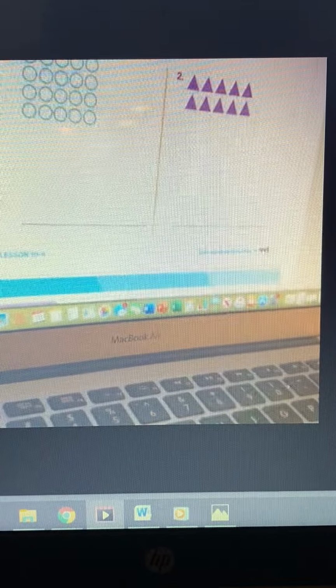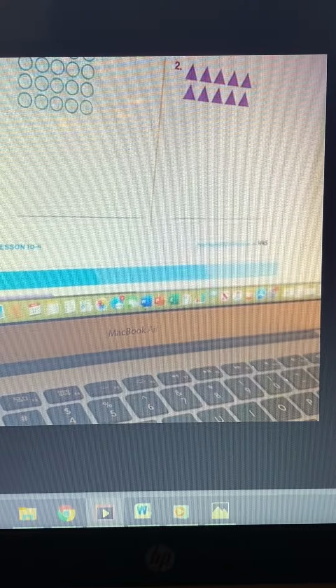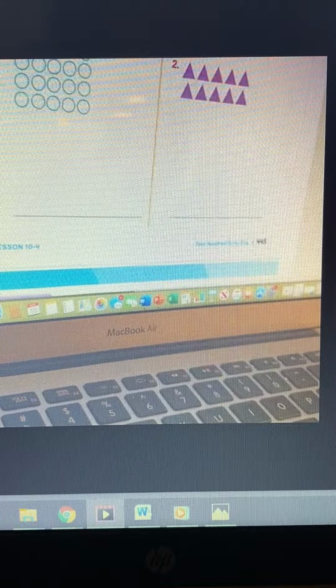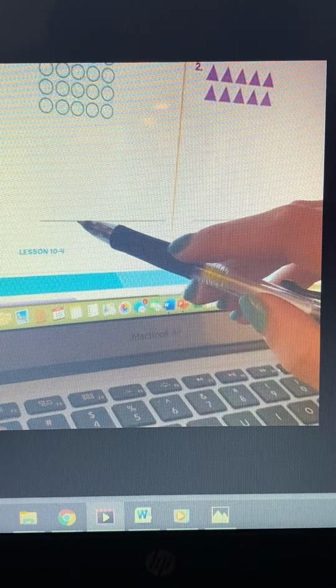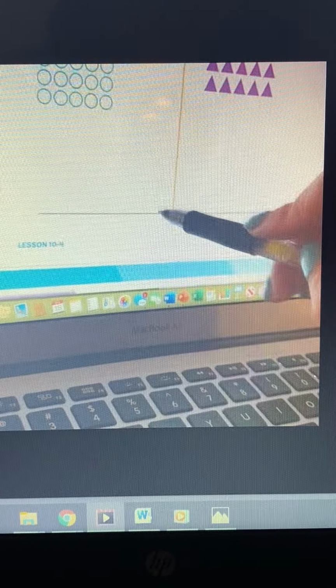It's a little sloppy because I'm trying to hold my camera with my left hand. And then the equation would be 4 plus 4 plus 4 plus 4 plus 4 equals 20. Make sure you write that, and then show the array here.